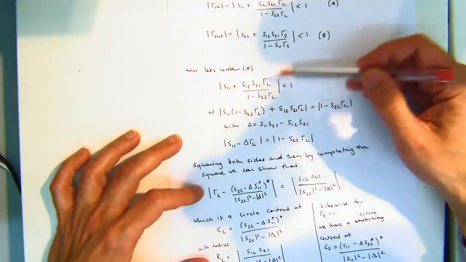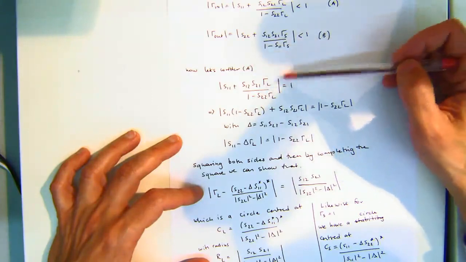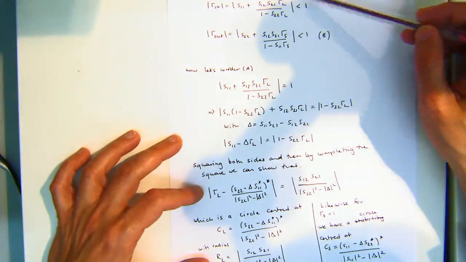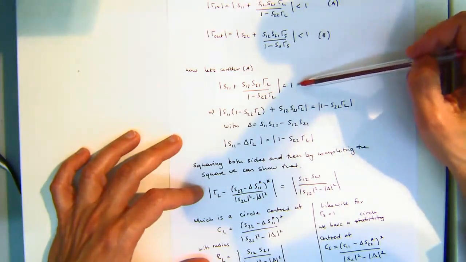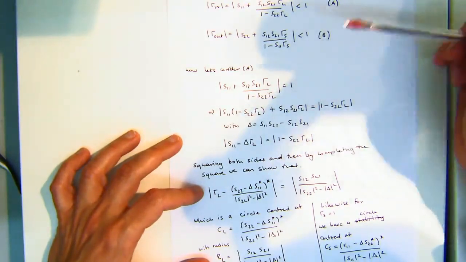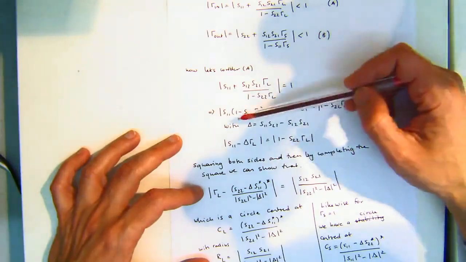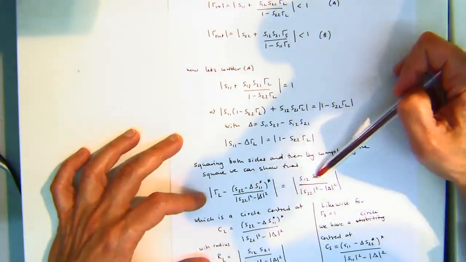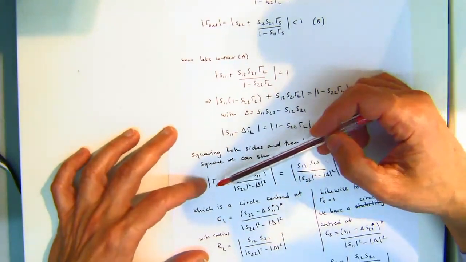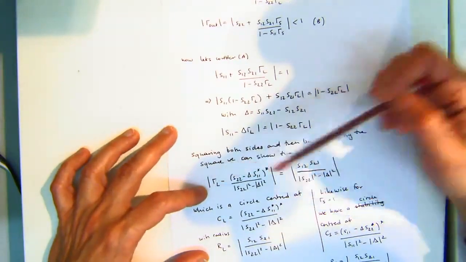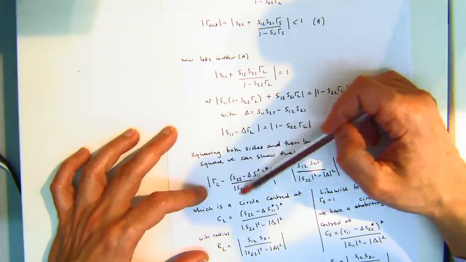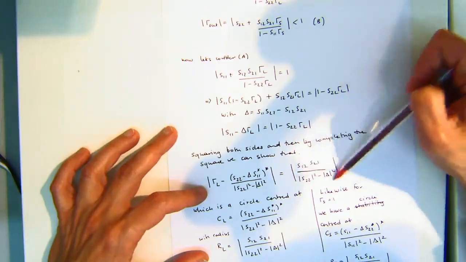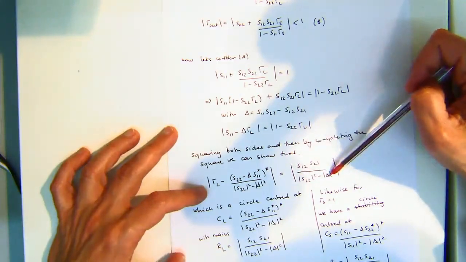We've rearranged, and we've said that it's stable when this is less than 1. So let's find out when it's equal to 1, so that we can define a circle. We do some algebra and rewrite it in the form of a circle: the load reflection coefficient minus its center is equal to some radius, and the radius is given by this quantity here.